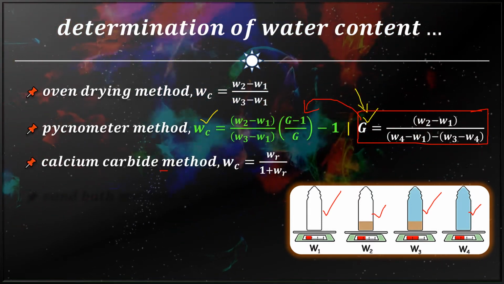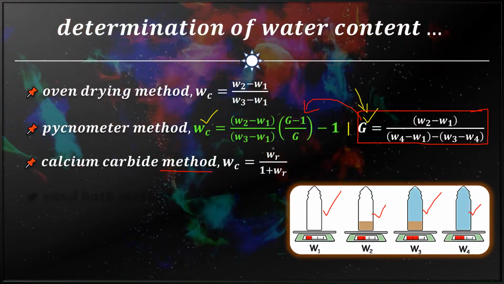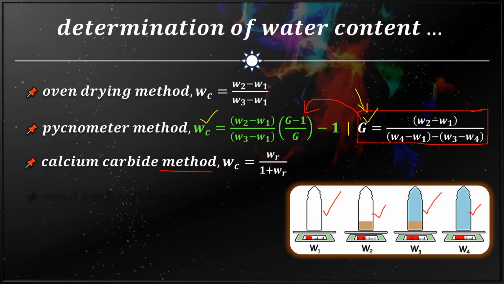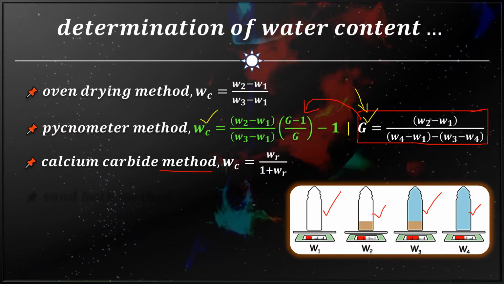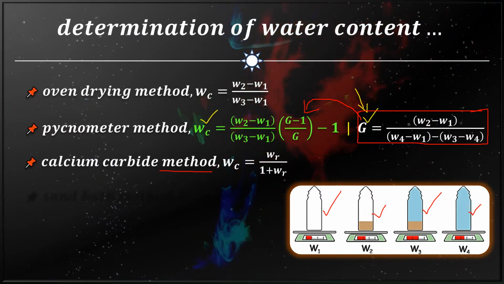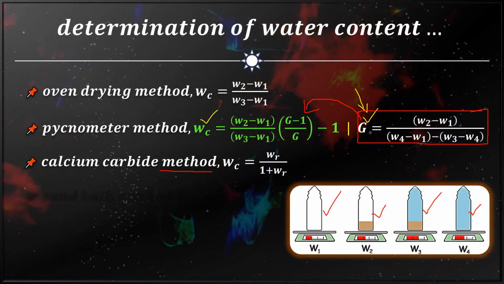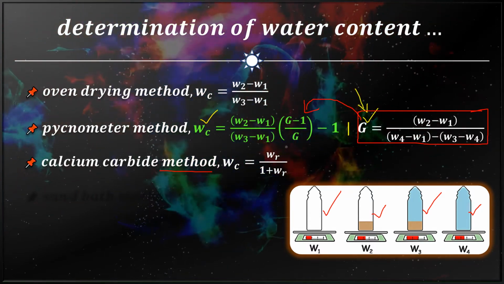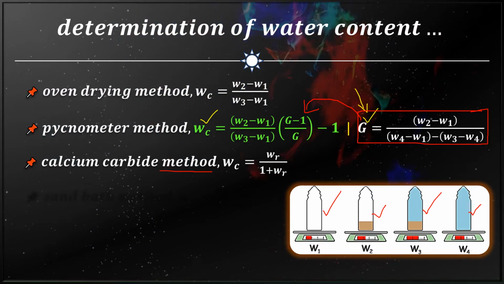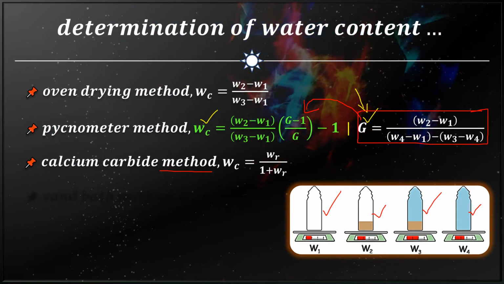And there is another quickest method to determine water content, the calcium carbide method, and W is equal to WR by (1 plus WR). What actually is the definition of water content? Water content is given by the weight of water to the weight of solids. But in the calcium carbide method, we get the water content in terms of total volume.